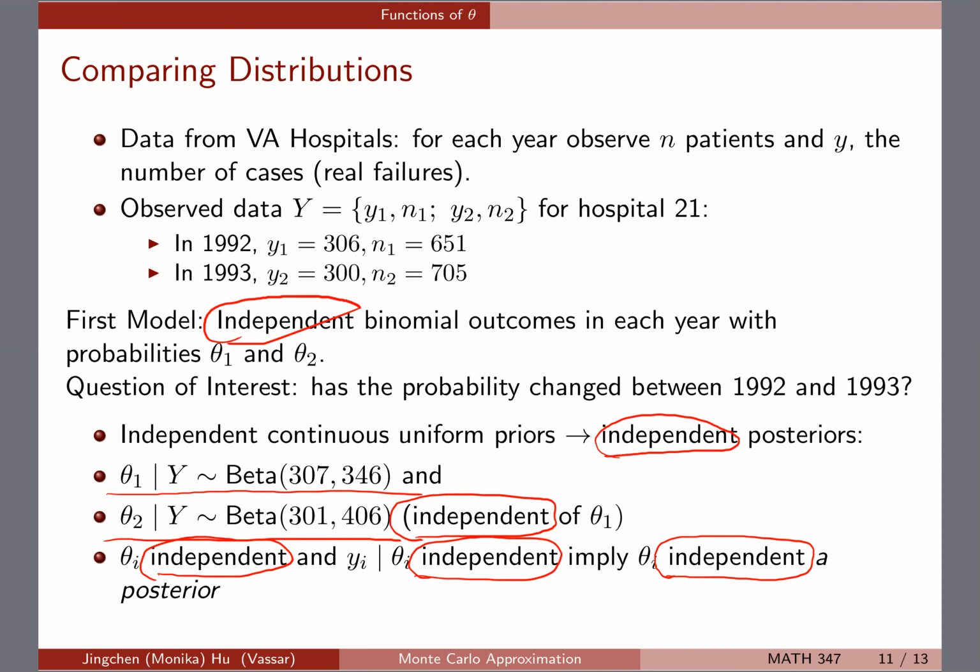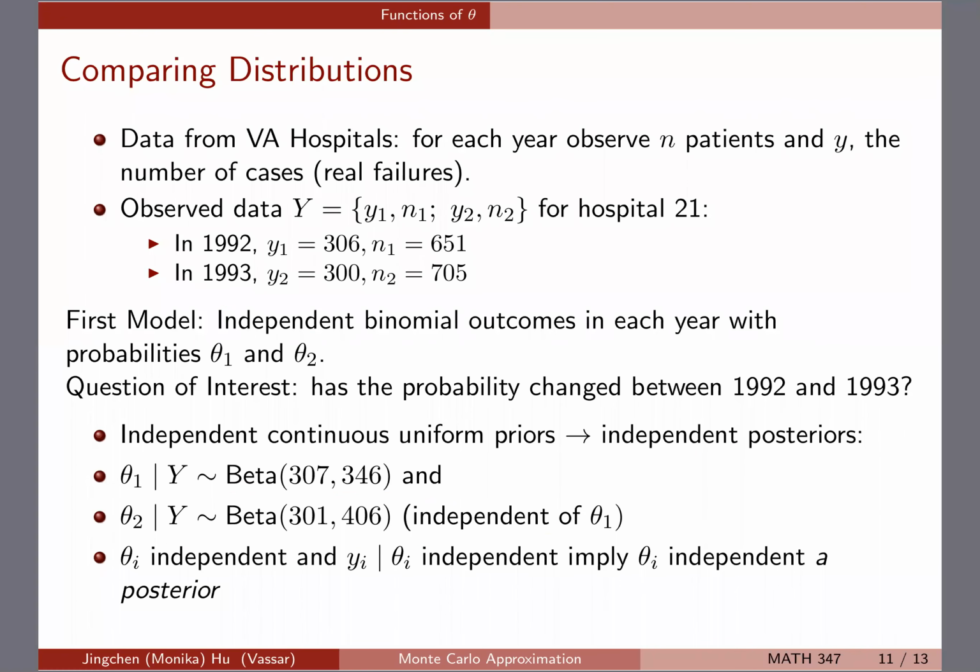So the task, like I said earlier, is how to compare theta 1 and theta 2. Because theta 1 is the success proportion for 1992, and theta 2 is the success proportion for 1993, right? And here, success really means failures because it's the number of cases happening. So a natural question to ask will be, from 1992 to 1993, do you think the treatment has improved at all? Right?